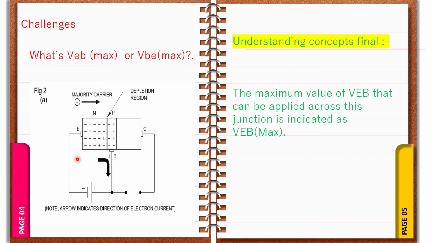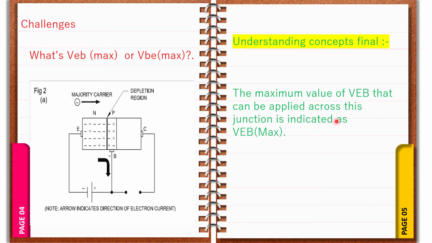That maximum voltage we call the maximum emitter base voltage, or maximum base emitter voltage. The maximum value of VEB that can be applied across this junction is indicated as VEB max. I hope you understood this concept.